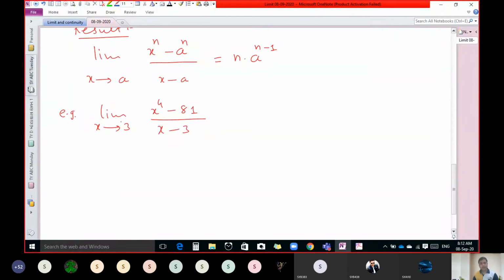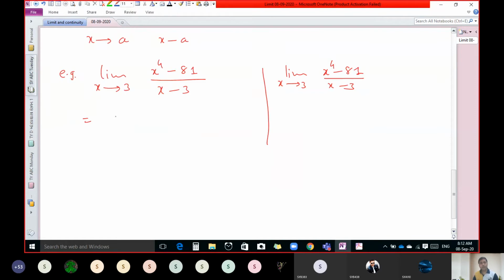If we apply another method, we will solve this question by two methods: one by using the above result, another one by using the routine method. Now in the routine method, what will happen? Does any of you know the factors of this x raised to 4 minus 81? What are the factors of x raised to 4 minus 81? Yes. x square minus 9, x square plus 9. Perfect.